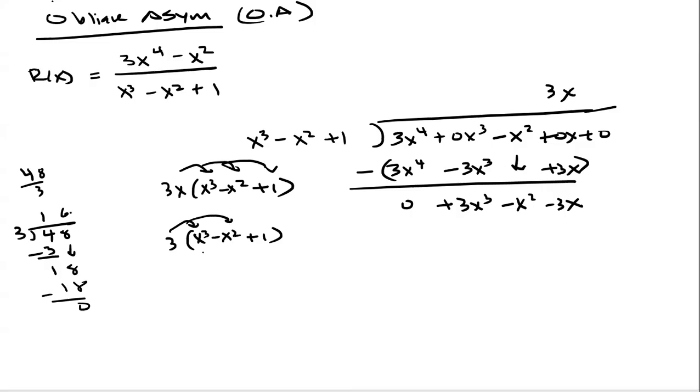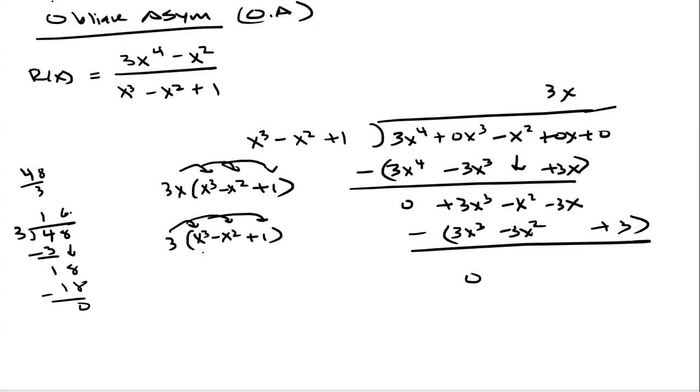So when I distribute that, I'm going to get 3x cubed minus 3x squared plus 3. Okay, then I subtract the whole thing. So that gives me 0. And this is a minus minus a positive 3x squared plus a negative 1x squared. So that's going to give me a negative 2x squared, a minus 3x, and a positive 3.